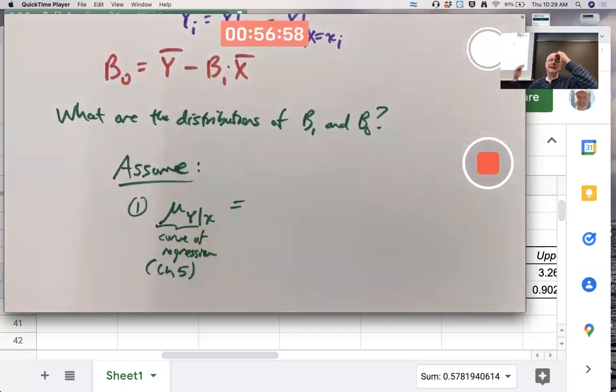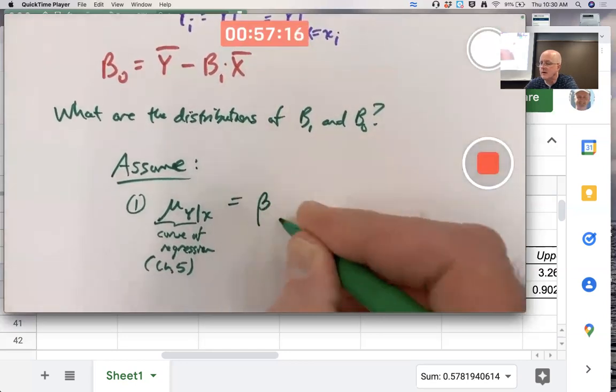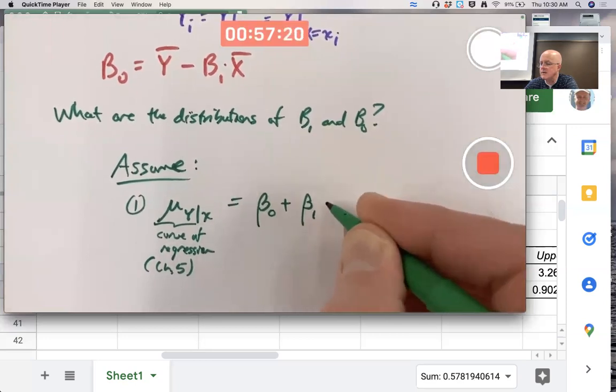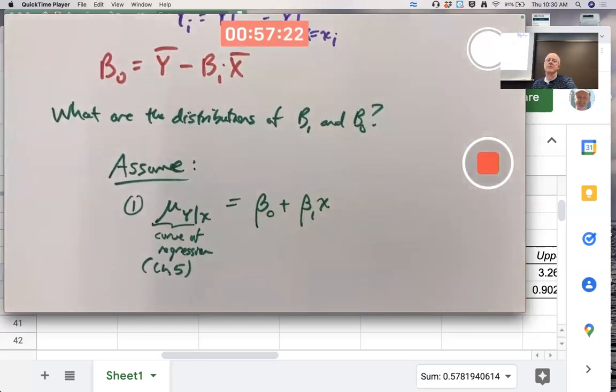And in general, in the abstract, when you do such calculations, most typically you do not get a linear function. But here in chapter 11, we assume it's a linear function so that we can actually apply regression. We can apply the theory. The intercept is called beta 0 and the slope is called beta 1. We assume the curve of regression is linear.